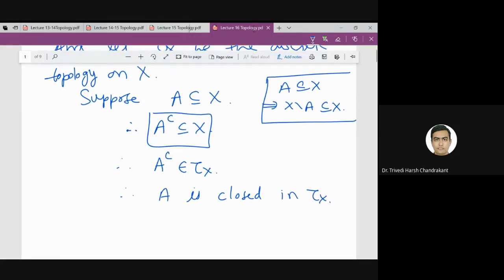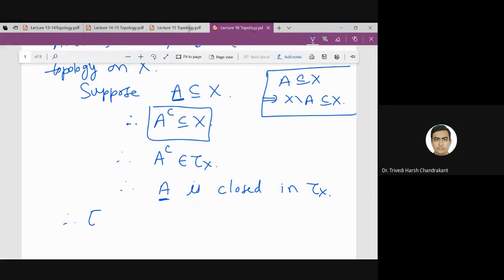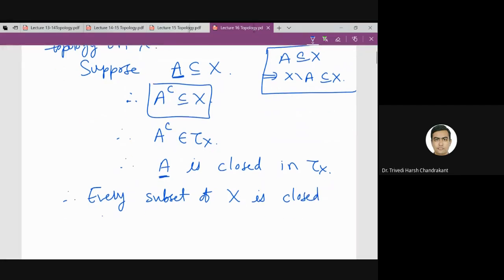So what we proved is, I started with an arbitrary set and proved that it is closed. Therefore what we proved is every subset of the universal set X is closed with respect to the discrete topology.